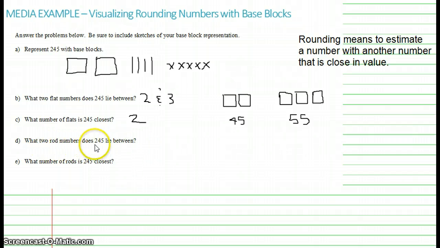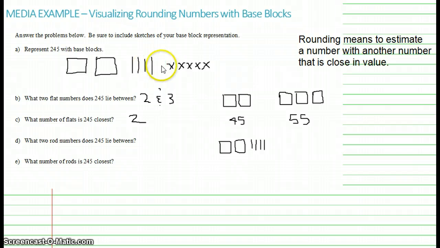What two rod numbers does 245 lie between? So this is similar to the last question, but now it's asking us in terms of rods, or similar to rounding to the nearest 10. Well, we know that we're still going to include the flats, it's 2 flats and 4 rods.